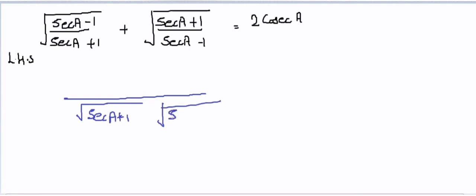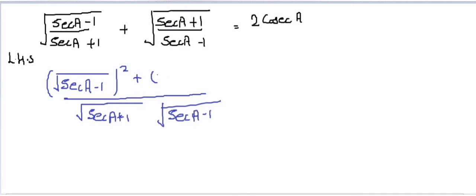into under root sec A minus 1, and in numerator I will get sec A minus 1 whole square, and here I will get sec A plus 1 whole square.